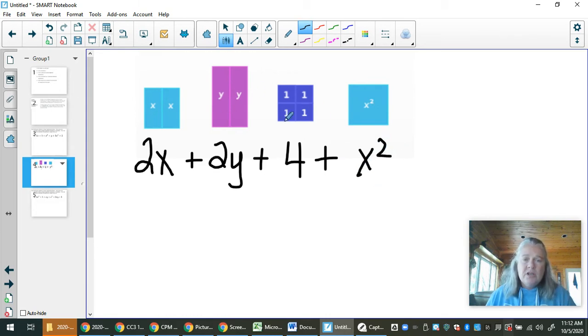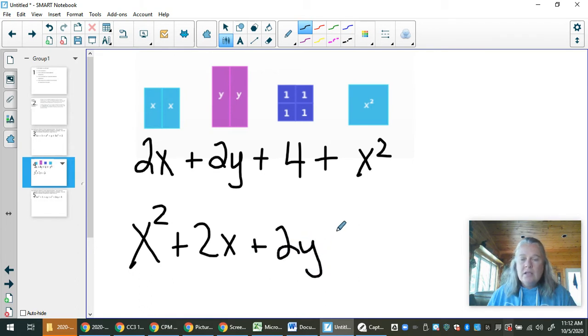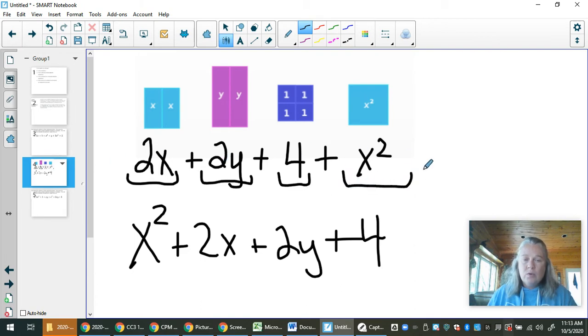Someone else might have put them in a different order. They might have started with the x squared first and written x squared plus 2x plus 2y plus 4. As long as you have all four pieces individually, what we call terms, each of those four pieces are being added together. It doesn't matter what order they're in.